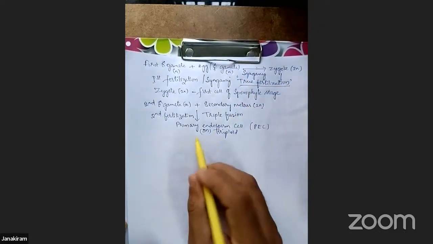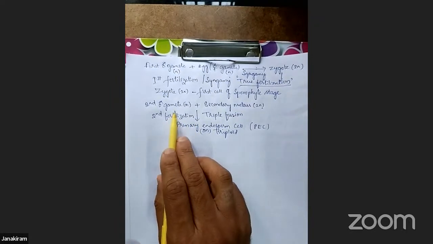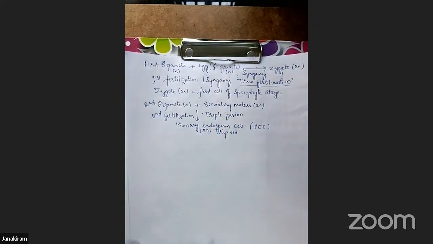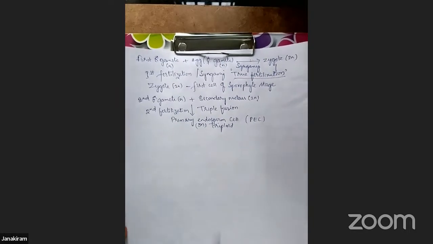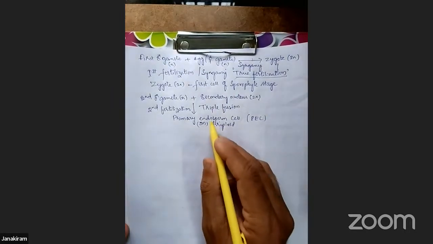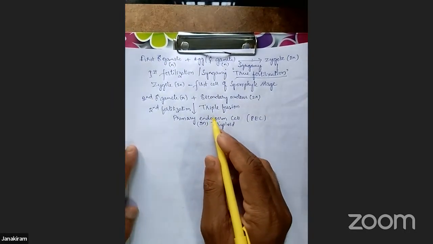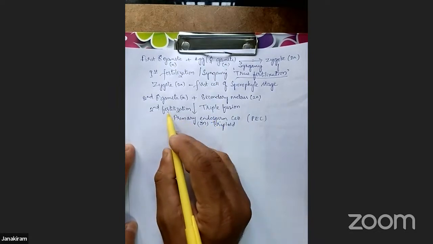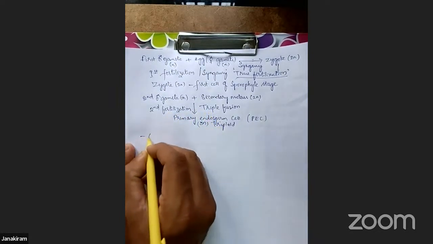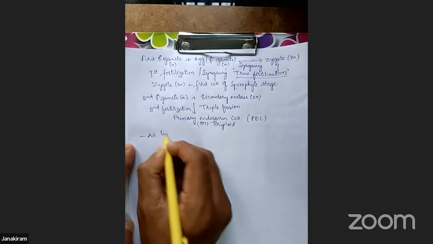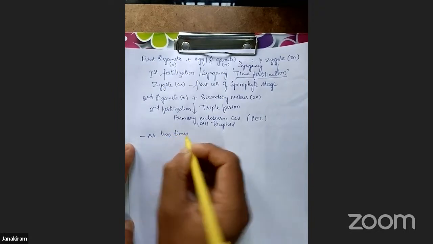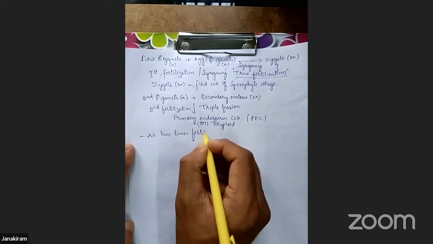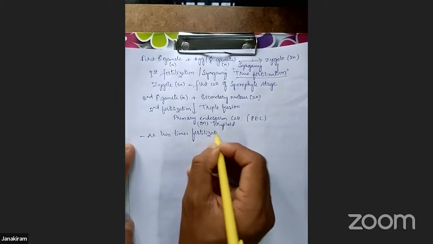Whereas in the second fertilization, the male gamete is participating while the female gamete is not, but instead the cells of the female gametophyte are participating. That's why it is called vegetative fertilization or the triple fusion process.